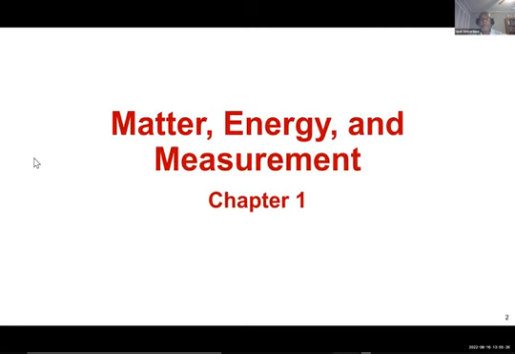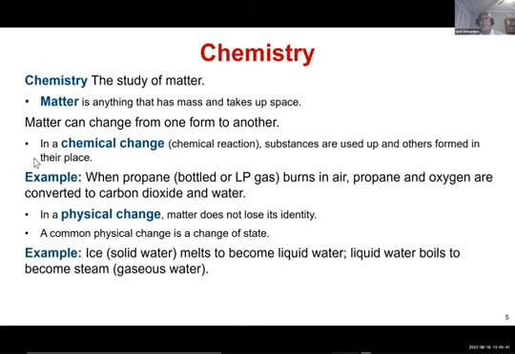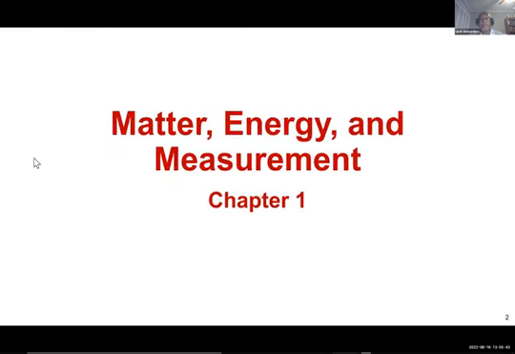Now, I'm going to start on test 1 material, which is the chapter 1 and chapter 2 content. In the first chapter, we're going to talk about matter, energy, and measurement.